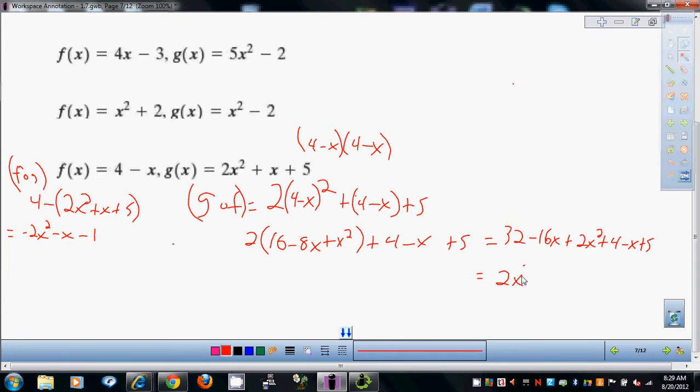I know. These problems can get a tad lengthy. Minus 16x minus 1x is minus 17x. 32 plus 4 is 36 plus 5 is 41 when you combine all your like terms. And that whole thing is g of f. That's as long as I can foresee it getting.